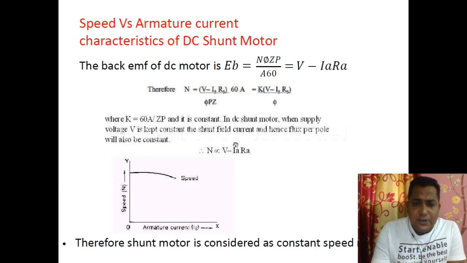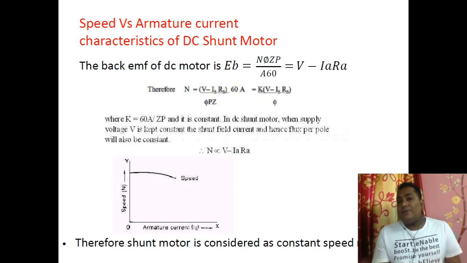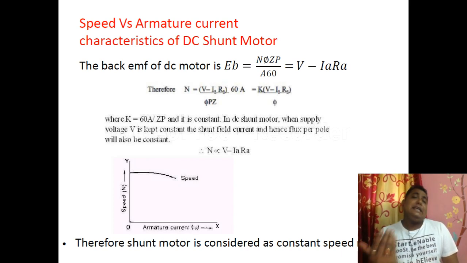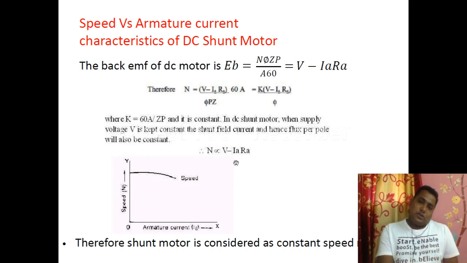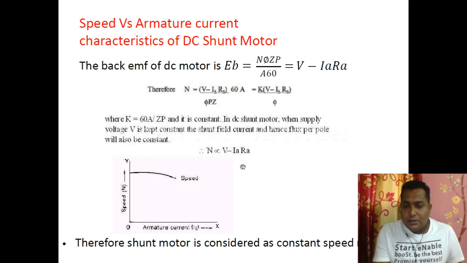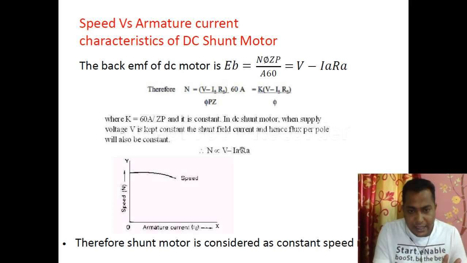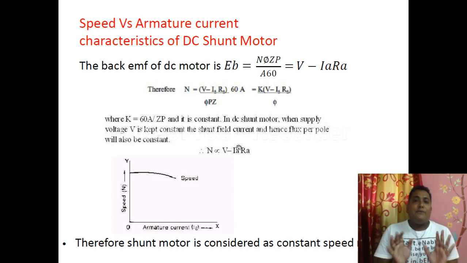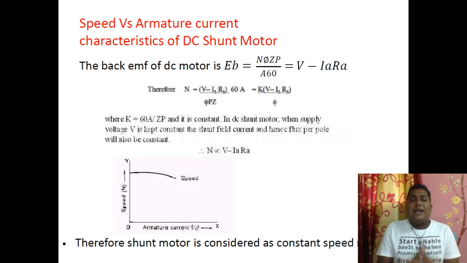In this equation, instead of Ia, if we put the torque, because Ia is proportional to the torque, we can replace it here. So when the torque value is increasing, this difference is going to decrease. If we plot torque instead of Ia, when torque is 0, the speed has a maximum value.